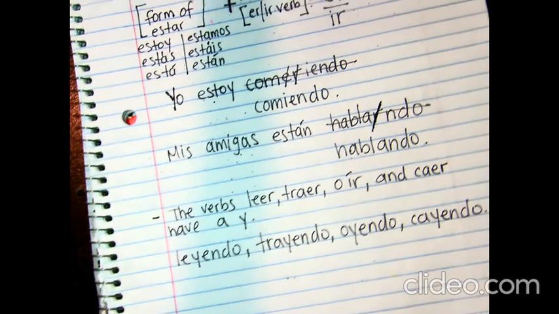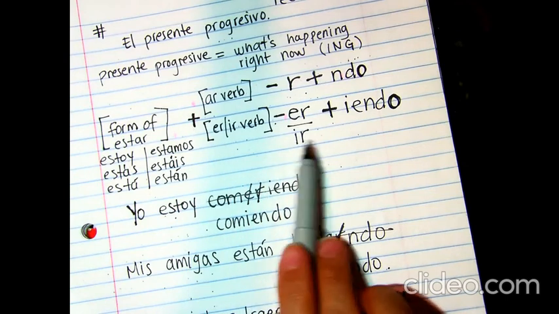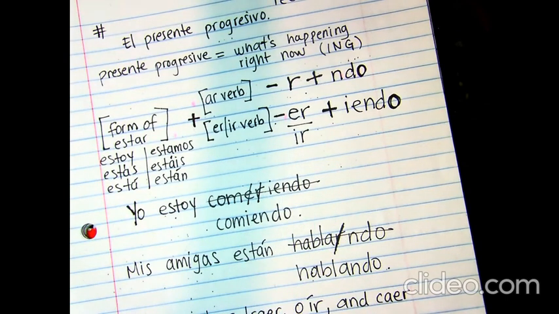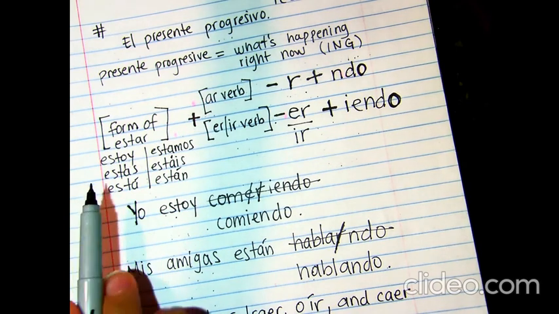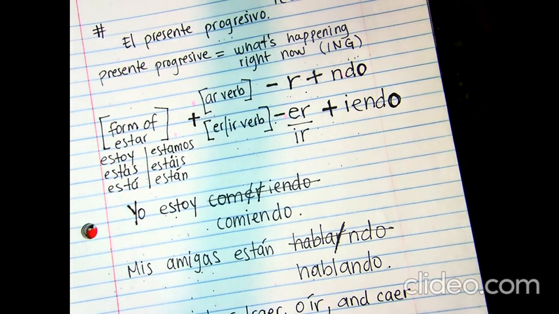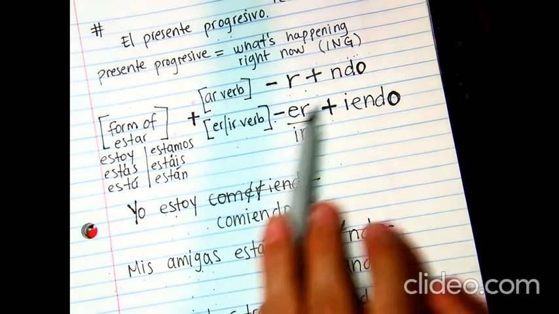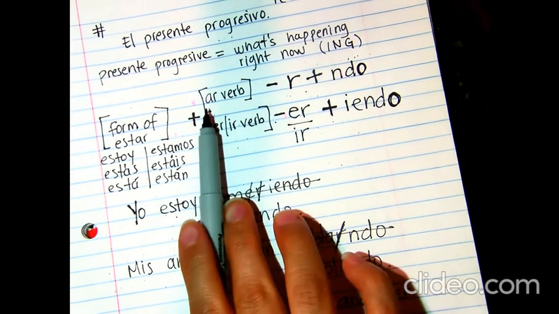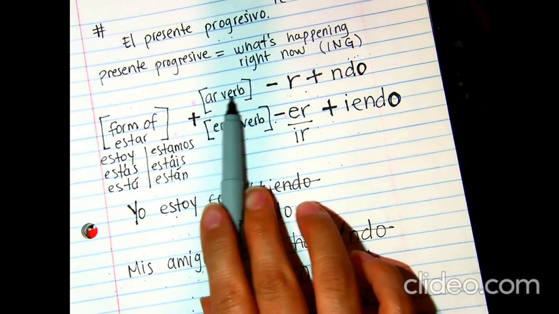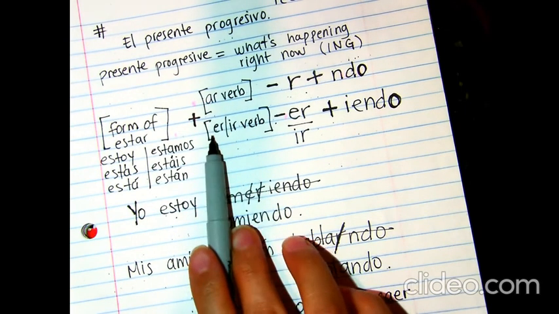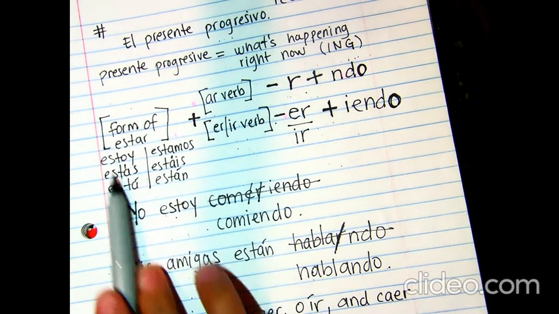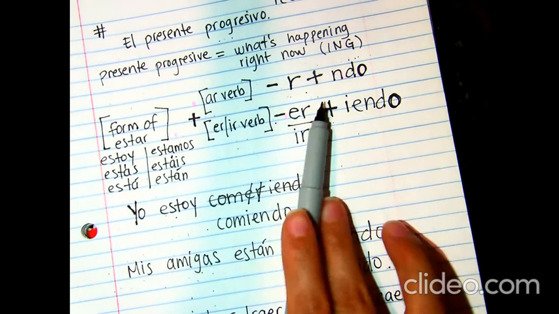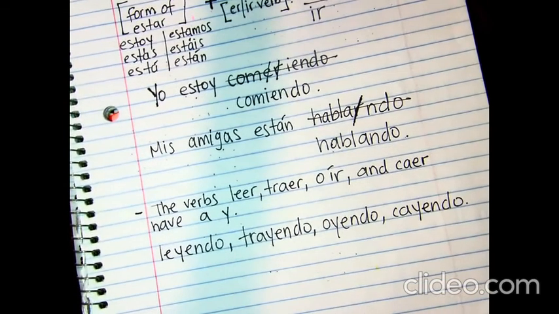So, one more time. The second part of the verb doesn't change for any form. The only change is the form of estar. Only the change happens here. You still have to make the change, whether it's an AR, ER, or IR, but it's going to happen in estar, not in the second part. Let me give you an example.